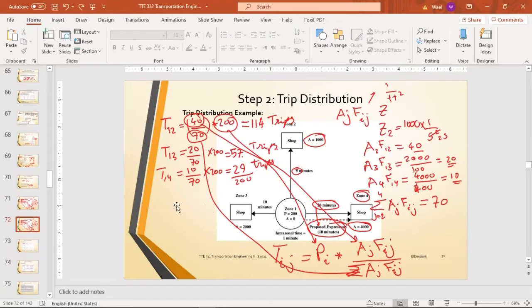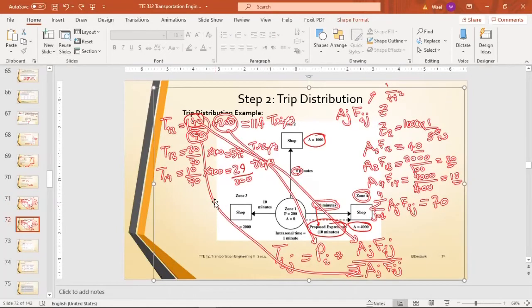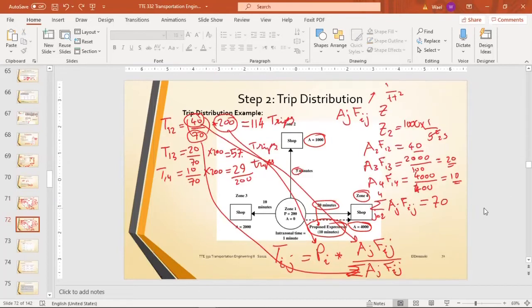Okay, so what's going to be changing here? The change will basically be in this component. The other two will remain the same. So this one, A4 F14 dash, will equal 4,000 divided by the new friction, which is 10 squared.